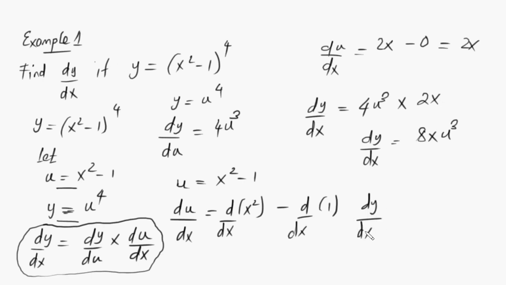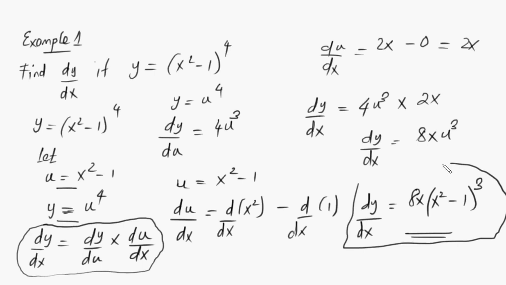So this one now is the differential coefficient of y with respect to x when y equals (x squared minus 1) power 4. I mean power 3 kidogo ni sawi hapa. So this one now is our final answer.